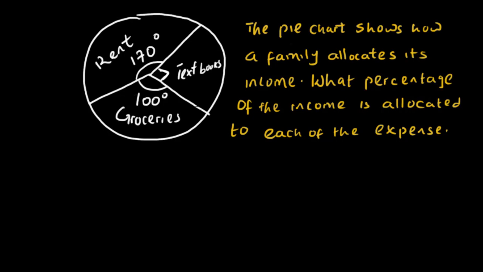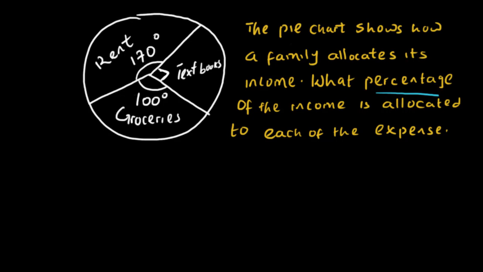So we've got this question, the pie chart, how a family allocates its income. What percentage of the income is allocated to each of the expense? Now in essence, what we are asked to do is to convert degrees into percentage. Remember, the allocation is in degrees and we're expected to come up with a percentage allocation of each of the expense.